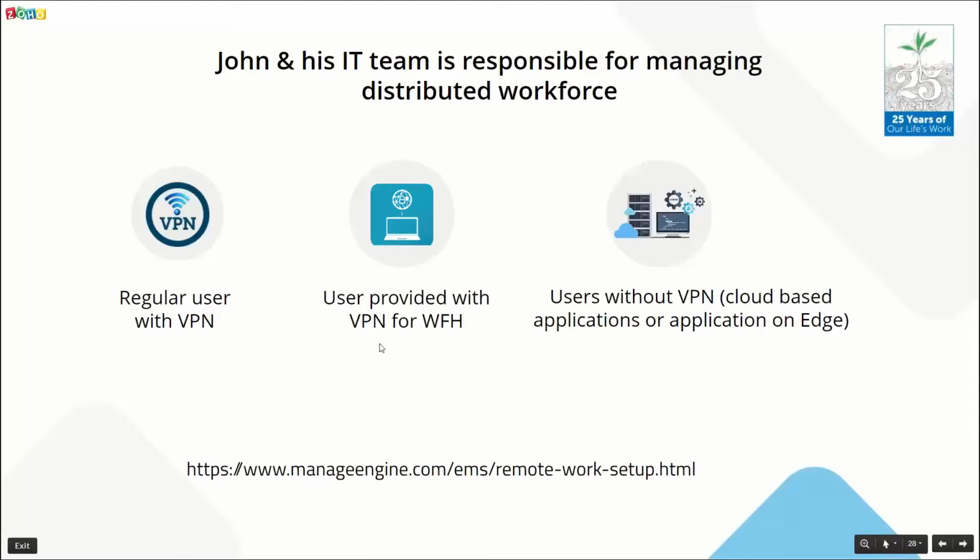Next are the general users who are predominantly used to working from the office premises and now, with the remote work scenario, have been provided with the VPN. You also have a third type of users who can access all applications which are cloud based without any VPN. So now, as in every organization, John and his IT team will be managing all these three types of users with Desktop Central.